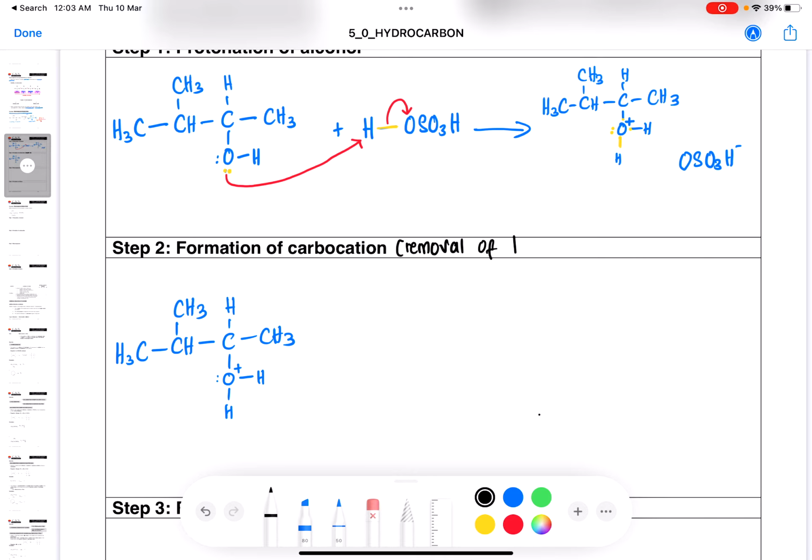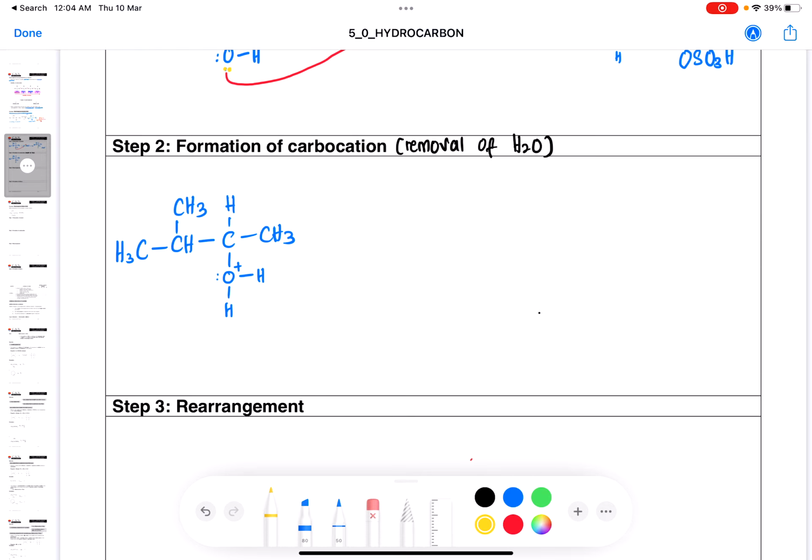So I advise you to add this, the removal of H2O. If you look at this structure, this part looks like H2O. However, H2O must have 2 lone pairs, so we can get H2O with 2 lone pairs, and we have 1 lone pair here.